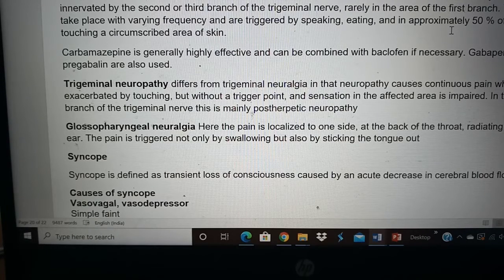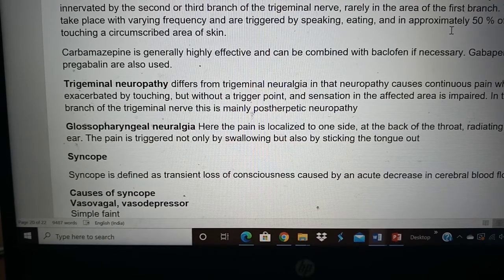The third cause of facial pain is glossopharyngeal neuralgia. The glossopharyngeal nerve is another of the cranial nerves, and here the pain is localized to one side of the face, usually at the back of the throat, and it radiates from that place to the ear.